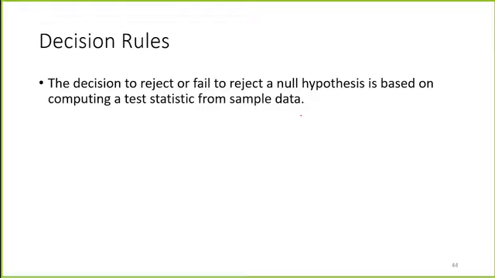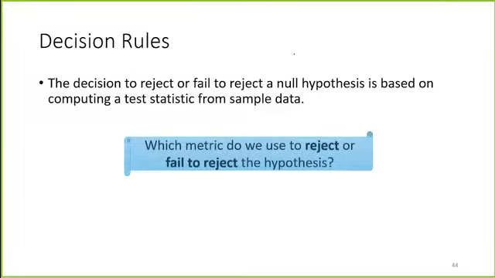Now, how do we make a decision to reject or fail to reject the null hypothesis? Which metric will we use?